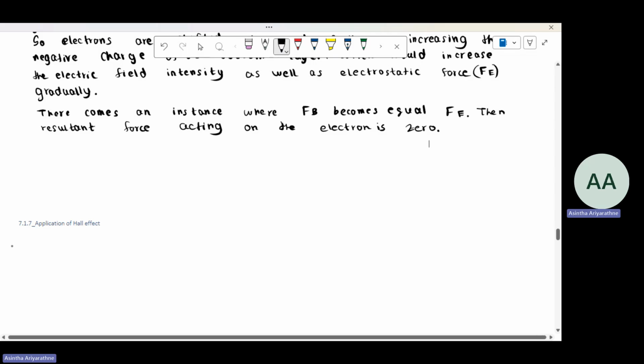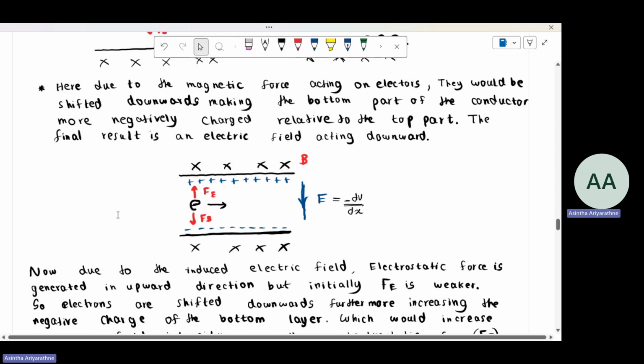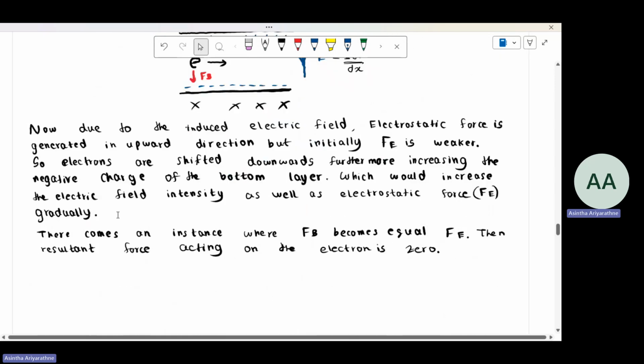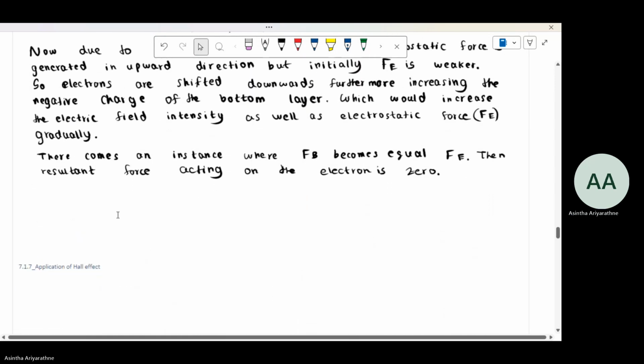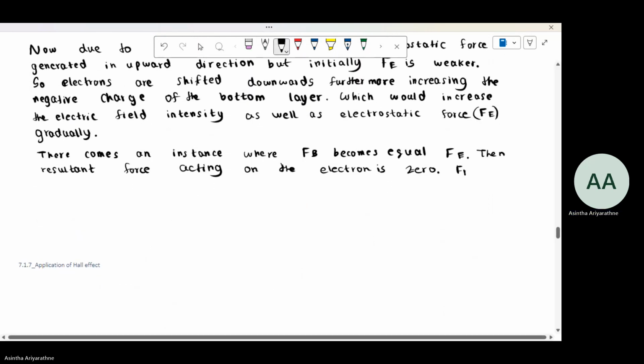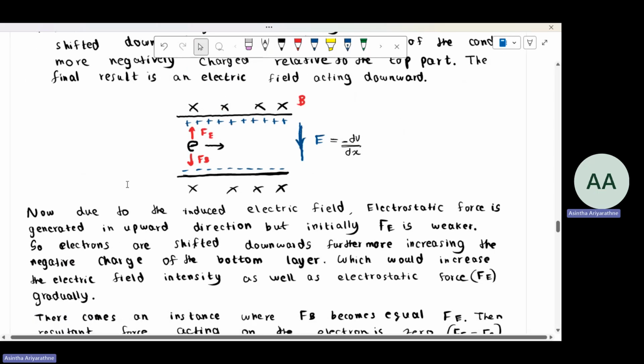So if the resultant force acting on the electron is 0, Fe becomes equal to Fb. Then what would happen? The electron would not be shifted, or the electron would move in a straight line.